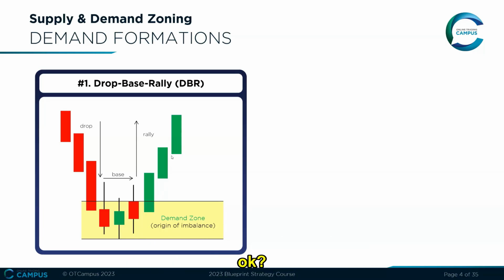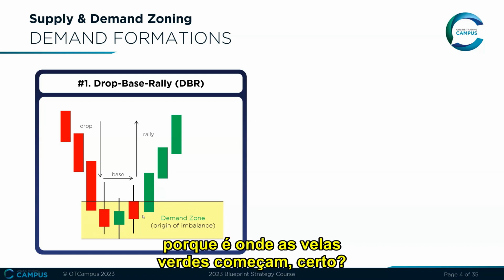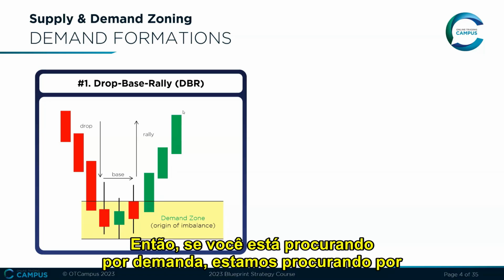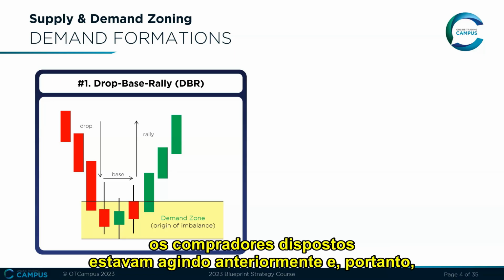Okay. And where you see the yellow box, this is the demand zone or the origin of imbalance, because that's where the green candles start, right? So if you're looking for demand, we're looking for willing buyers, and hence what we need to figure out is where had the willing buyers been acting previously.